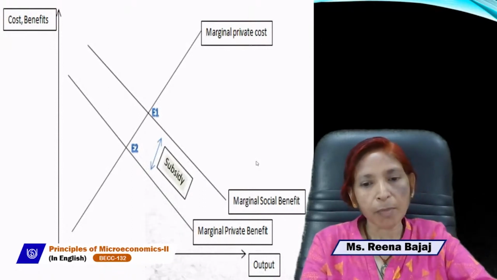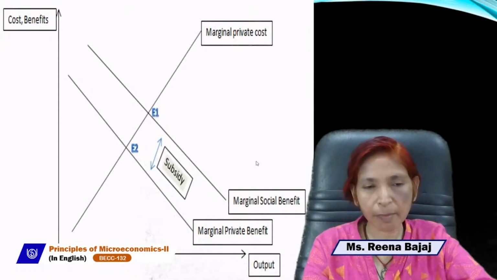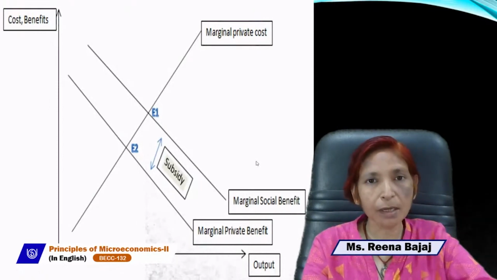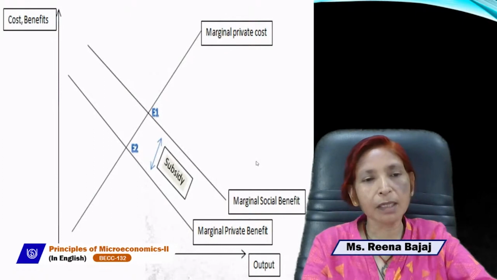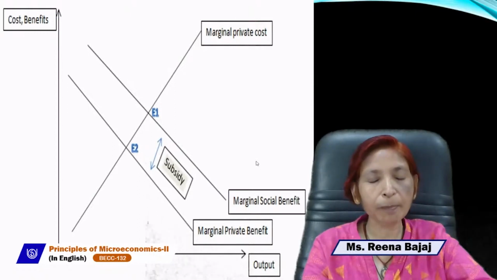Here, the marginal private benefit is a downward sloping curve and the marginal social benefit curve is also a downward sloping curve, same as the demand curve, and the marginal private cost curve is an upward sloping curve, because as you know, cost always increases, and if a producer wants to earn maximum profit, then he will put in some cost. That marginal cost curve is also upward sloping, marginal private cost is also an upward sloping curve.